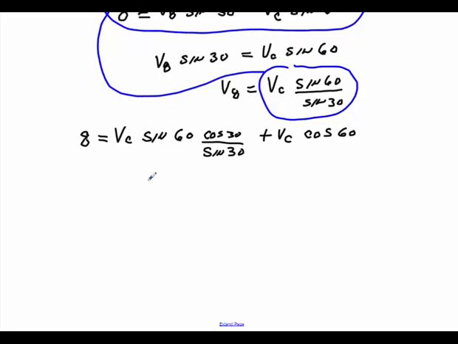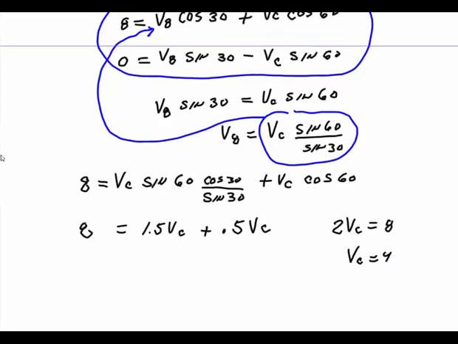So right here, this will give me 1.5 VC plus cosine 60, which will be 0.5 VC, is equal to 8. So that gives me basically 2 VC is equal to 8. So now the velocity of the cube is going to equal 4.